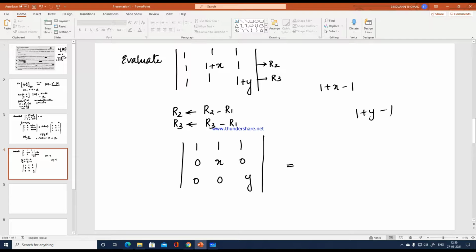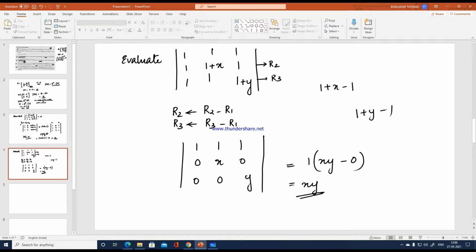Now let's see what will be the answer. So 1 into, so we have simplified the same equation. So it will be 1 into xy minus 0. Rest of every element will be 0. So we don't have to consider anything else, only the first one. So this is the simplified method to find the determinant.